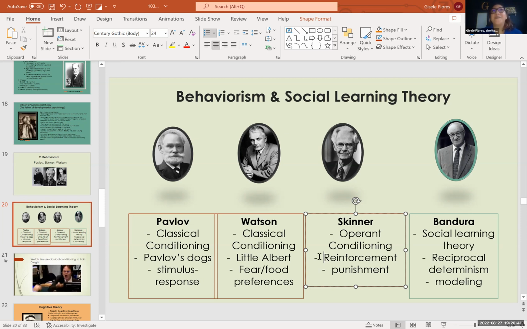Candy, it's probably my least favorite reinforcer for children. My favorite reinforcer as an adult, but when children do something good and they get a candy, that's a reinforcer. When they listen and then they get a sticker, that's a reinforcer. So that's a positive reinforcement.